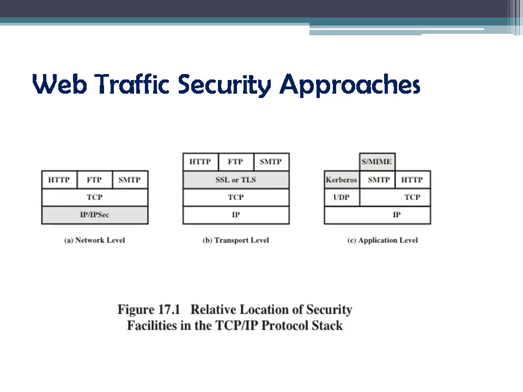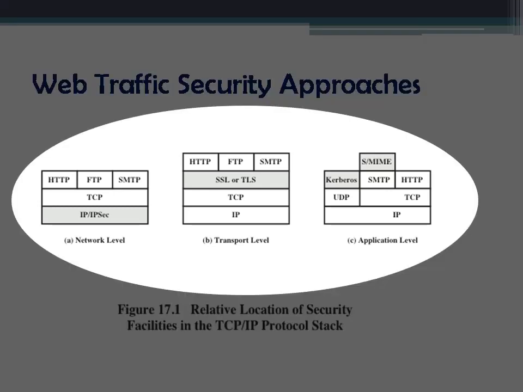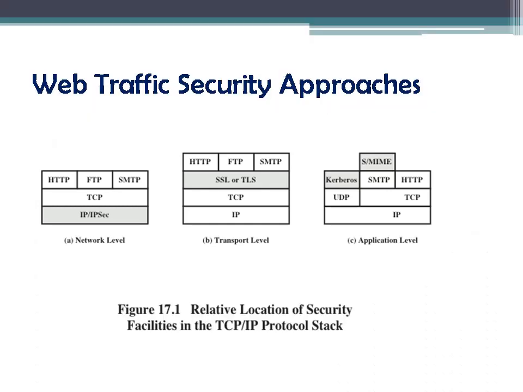As you can see in this figure, the security can be provided at either the network level, the transport level, or the application level or layer, as you can see here in figure A, B or C. Now, if you want to provide the security at network layer, we can make use of IP security or IPsec.